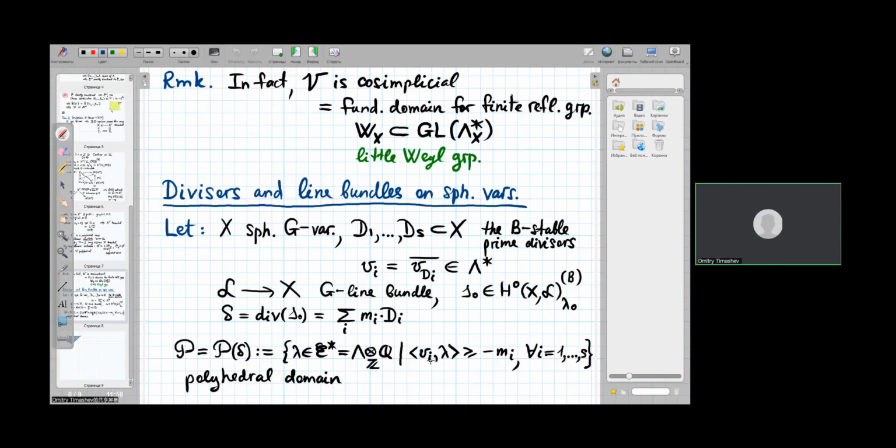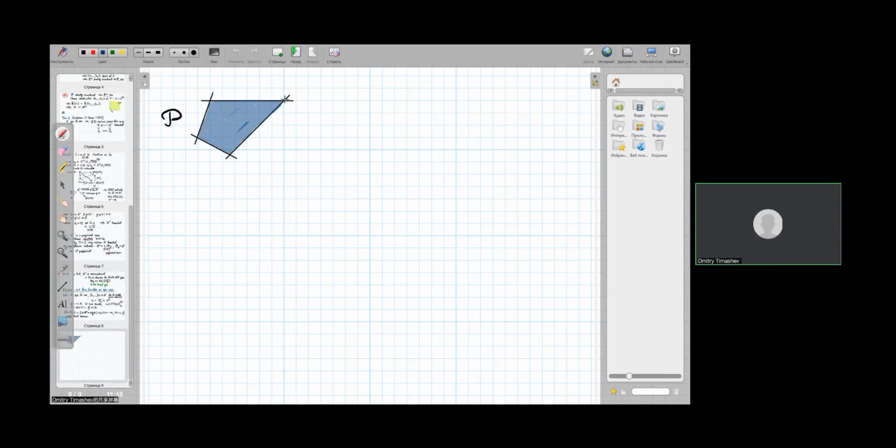So the vectors vi are the normal vectors to these hyperplanes. Let me draw them somewhere here, in black. This vector, this vector, this vector. These are normal vectors, so these are these vi's. And what is defined by these inequalities is our polyhedral domain P. So this is the picture.